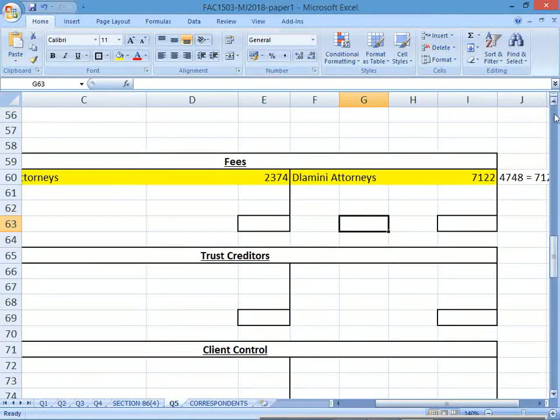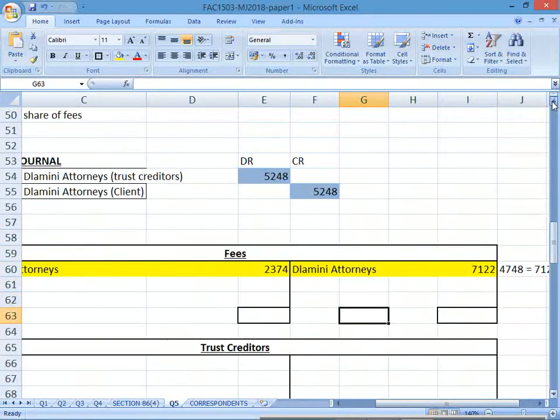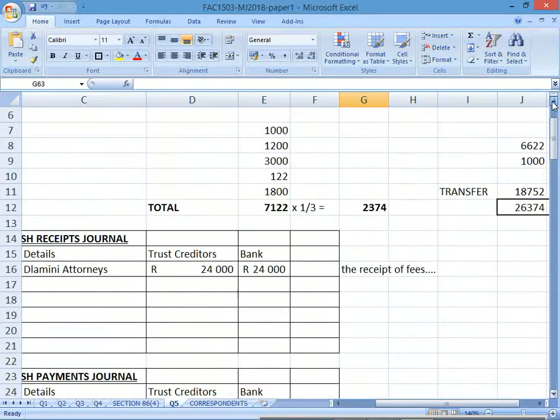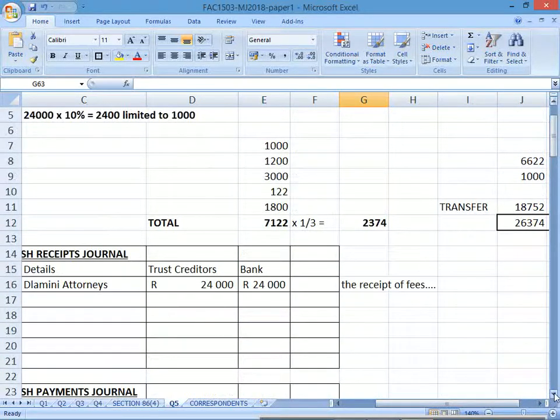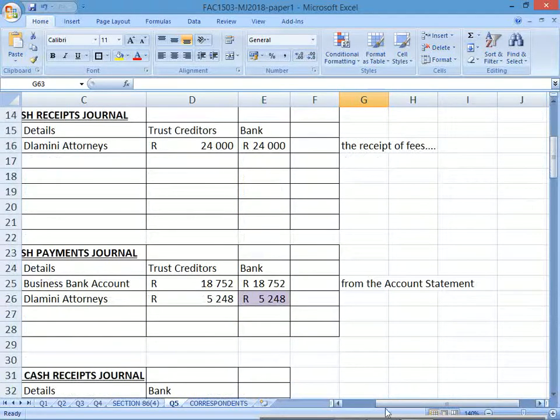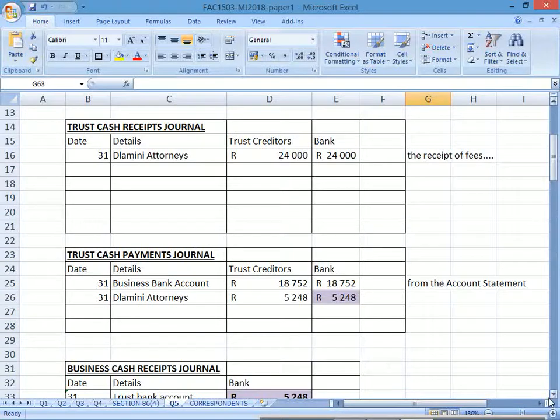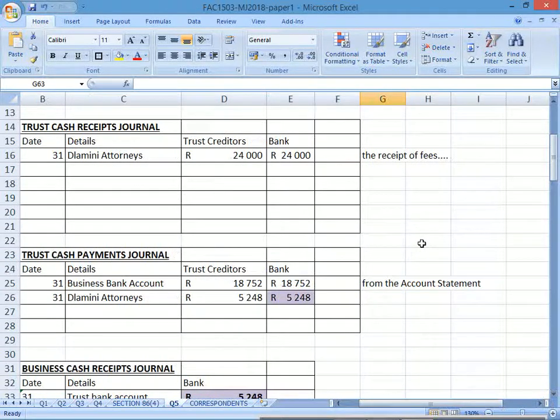Let's get our trust creditors figures from above. Okay, let's go to the journals. Where's our first journal? There's our first journal. The trust receipts. Okay, so in the trust receipts journal, I've got bank. Bank is going up by 24,000.